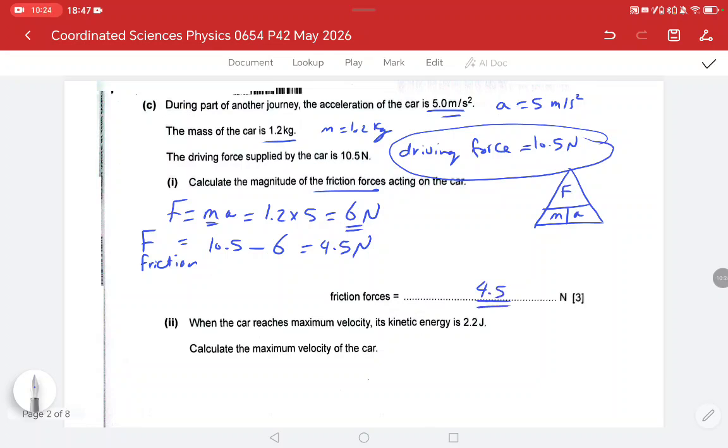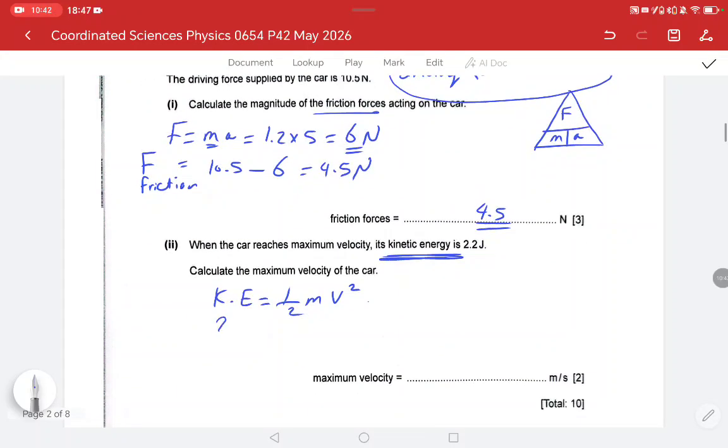Next one, when the car reaches maximum velocity, its kinetic energy is 2.2 joules. Calculate the maximum velocity of the car. In this case, for the kinetic energy, we know the formula, 1/2 mv squared. So this is 2.2 equals 1/2 m, the mass, which is 1.2, times v squared.